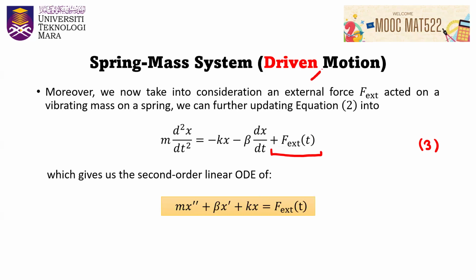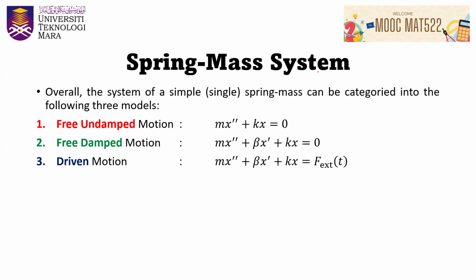That is the driven motion of a spring mass system. Combining all these concepts, overall, we have three different models: free undamped motion, free damped motion, or driven motion of a simple spring mass system.